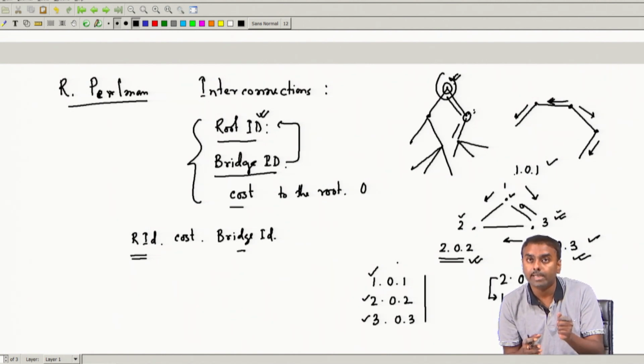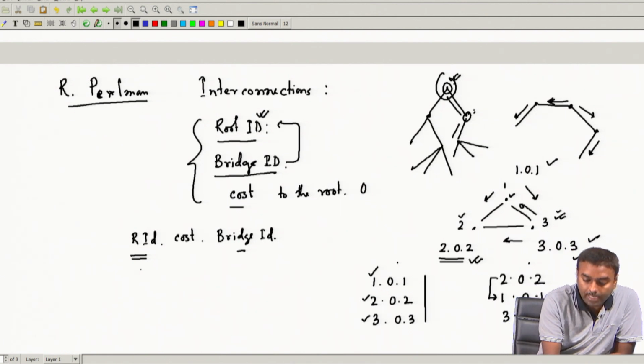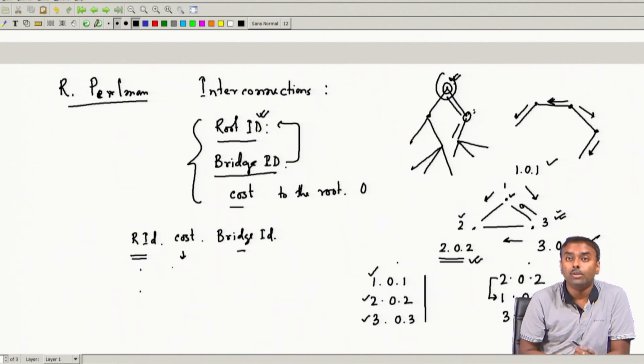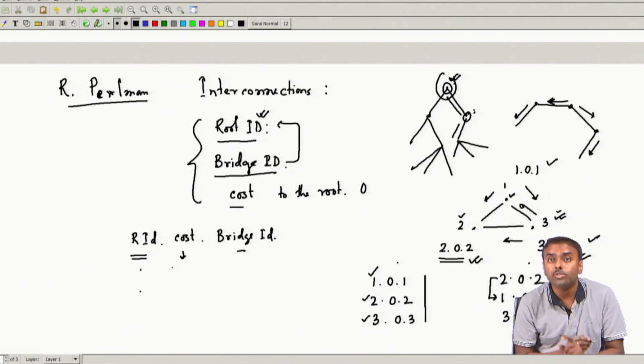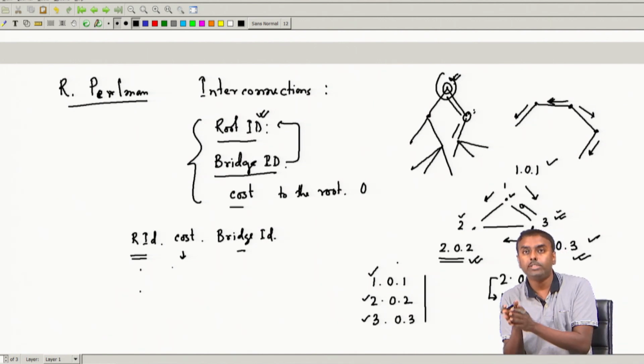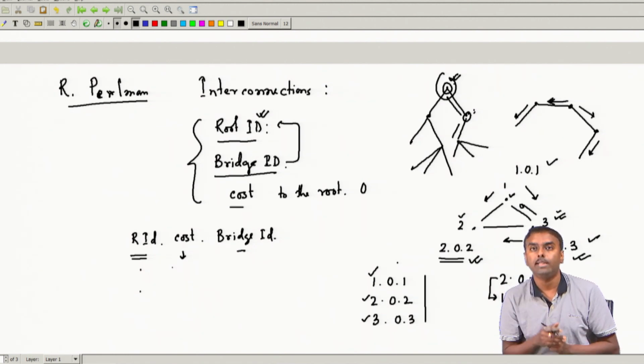Now, how does he discriminate? The discrimination will be cost. So, if root IDs are the same, then he thinks about cost. Whichever has lower cost to root, that must be my route, because I also want to go to the root with the smallest possible distance, because it is a minimum spanning tree. Every node should target to reach the root with the smallest possible number of hops.